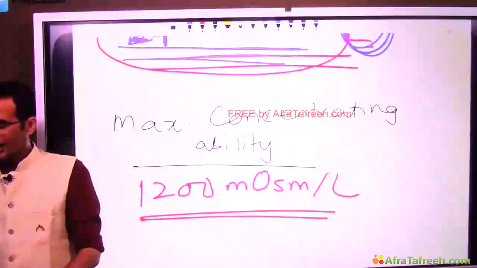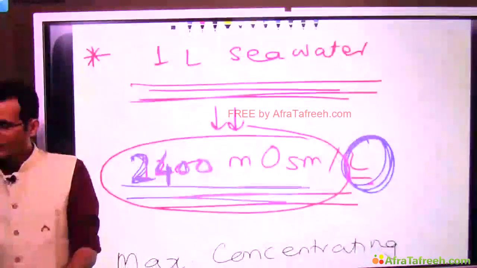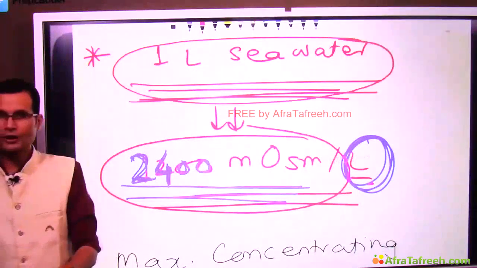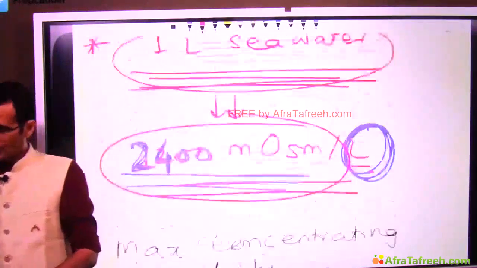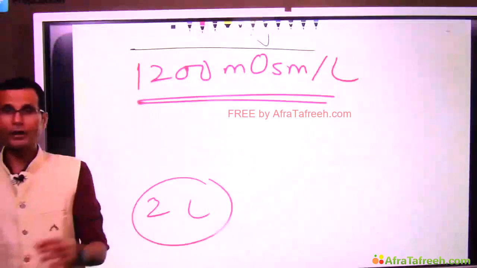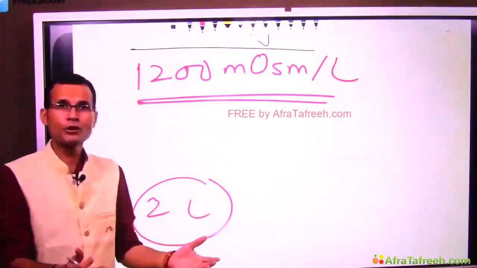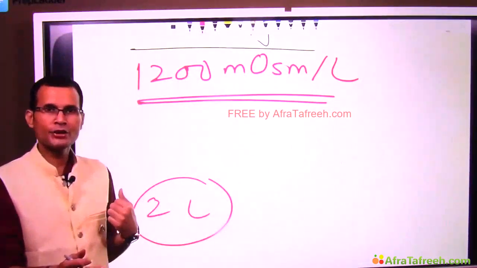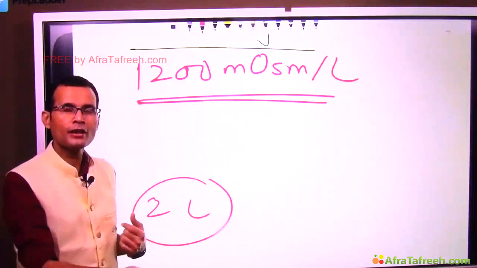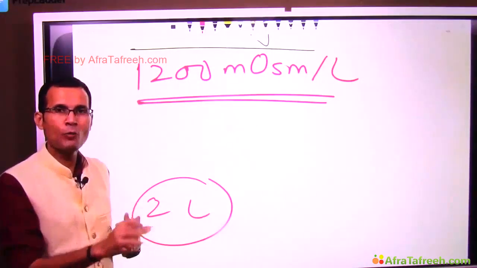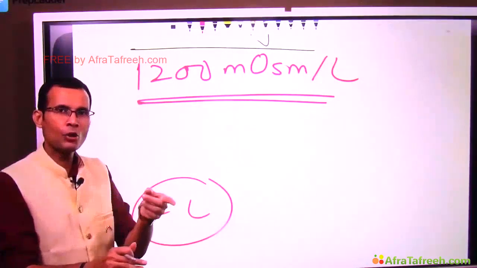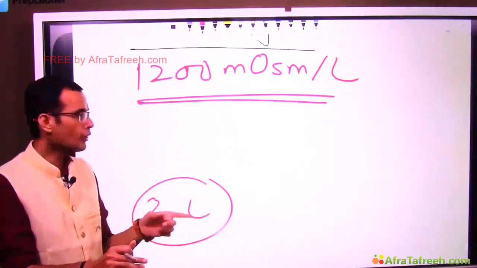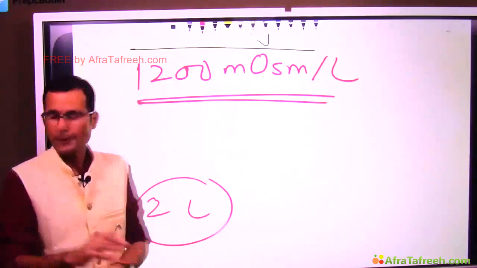Yes. And did you notice? The man has consumed just 1 liter of seawater, and 2 liters will be the excretion or output. 1 liter consumption and 2 liter output, that means 1 liter of water extra will be lost from the body.